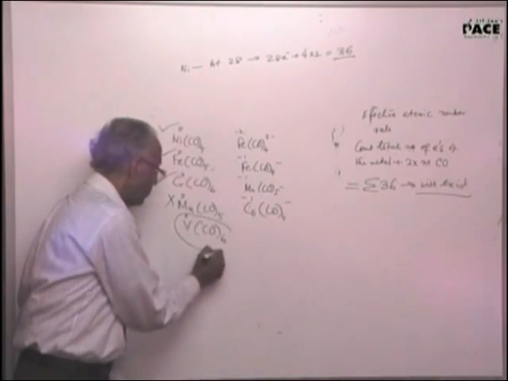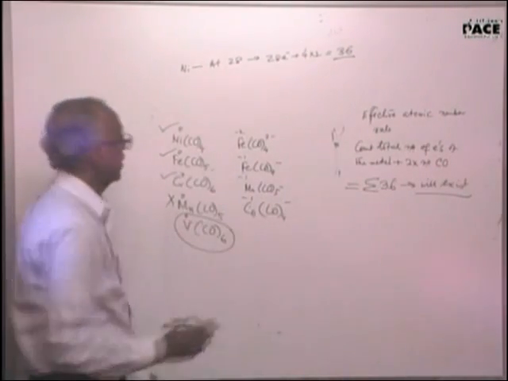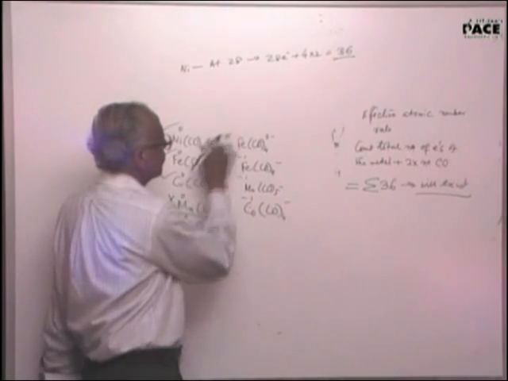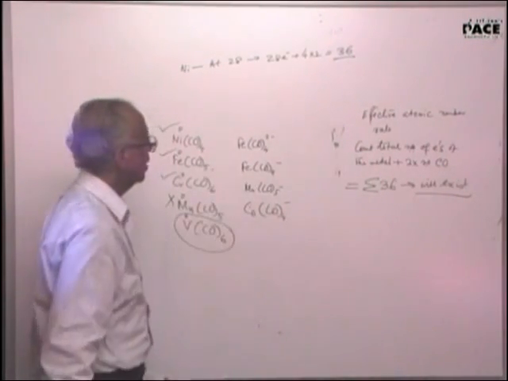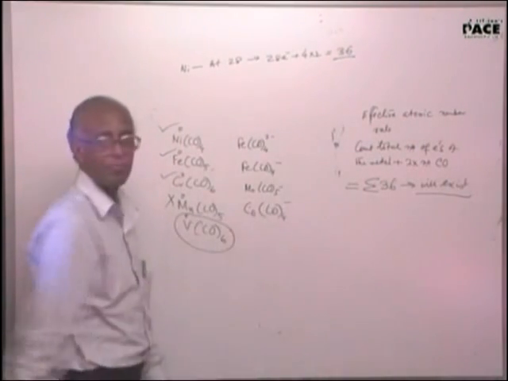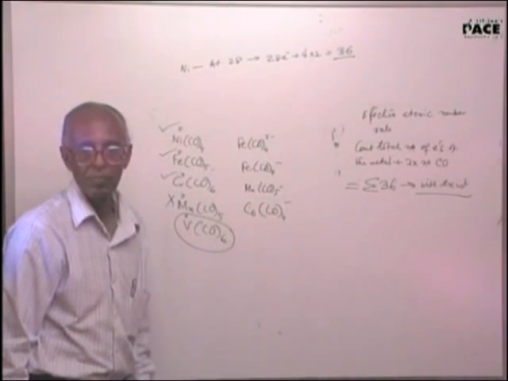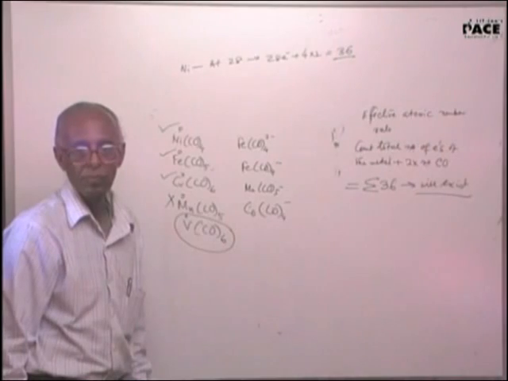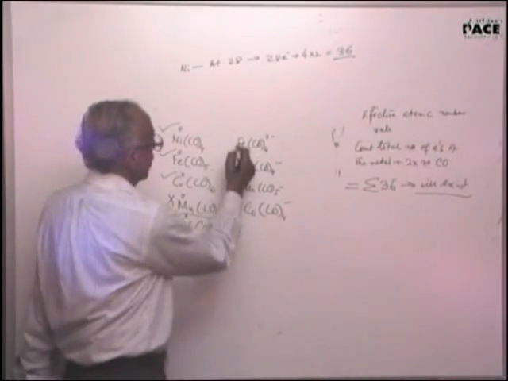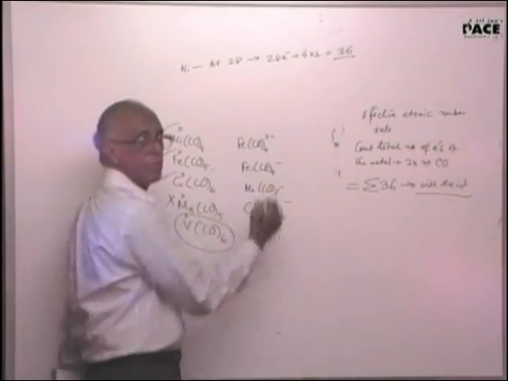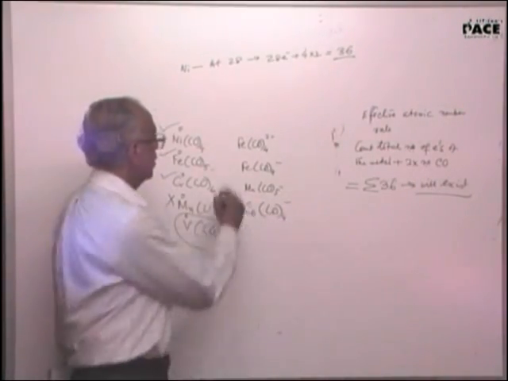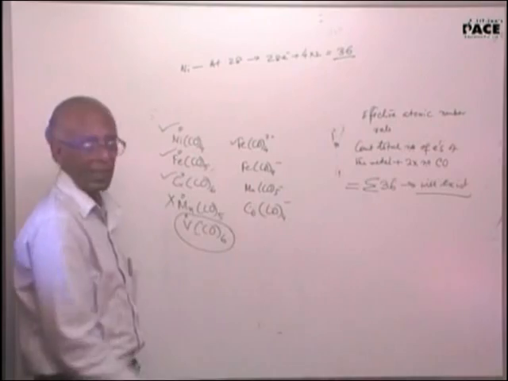Does not exist. Then this one? 26 plus 8, 34, plus 2, 36. So it will exist.